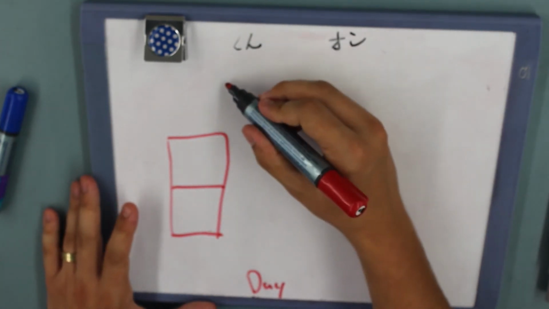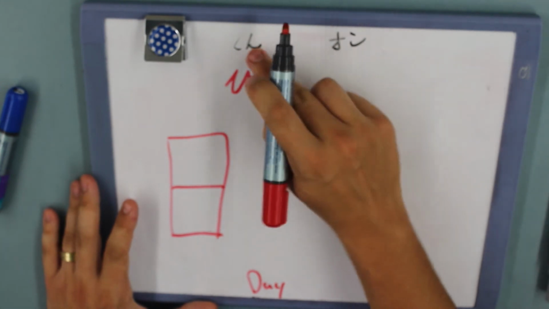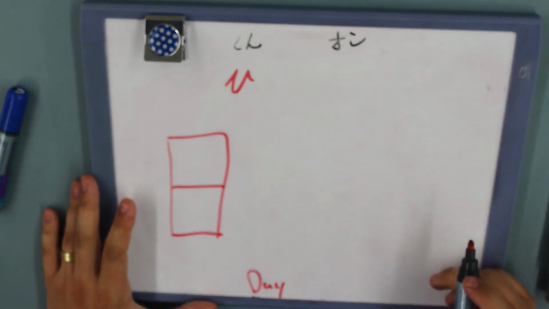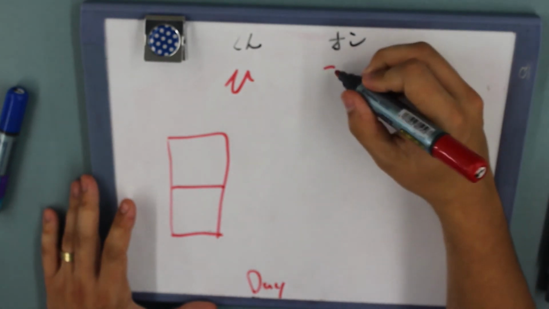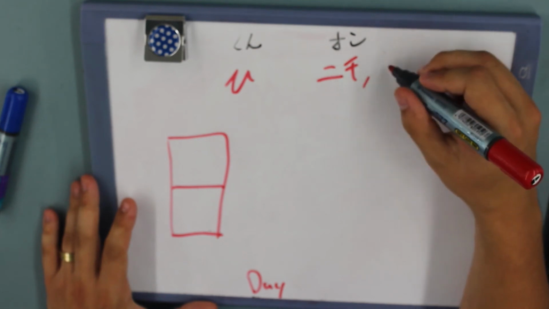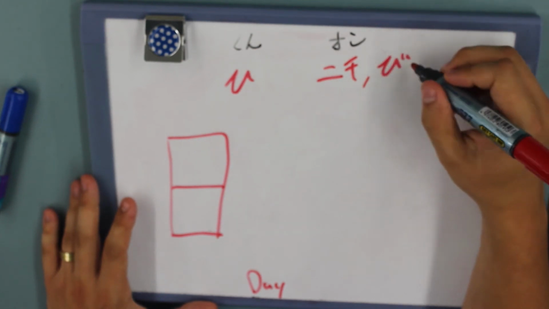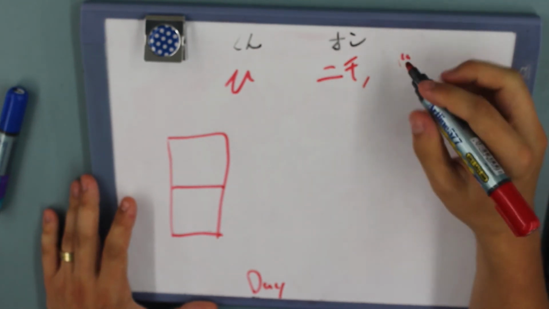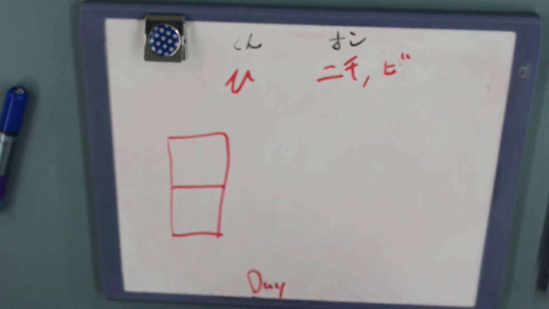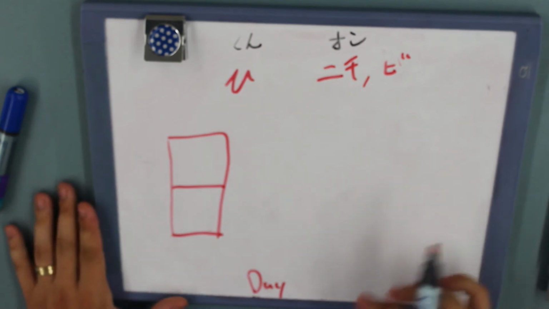So to start off with, we'll use hi as the kun reading because hi by itself means day. And then nichi and bi as the on readings because they form parts of combinations of kanji.